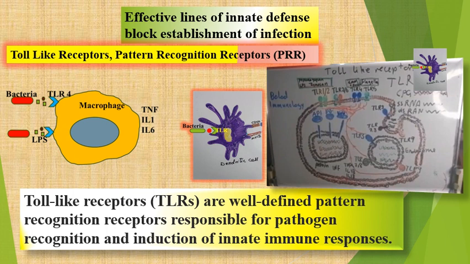Let us now come to toll-like receptors. These are receptors expressed on the surface of some cells, for example, macrophages, dendritic cells, and other cells. Toll-like receptors are well-defined pattern recognition receptors, or PRRs, responsible for pathogen recognition and induction of innate immune responses.